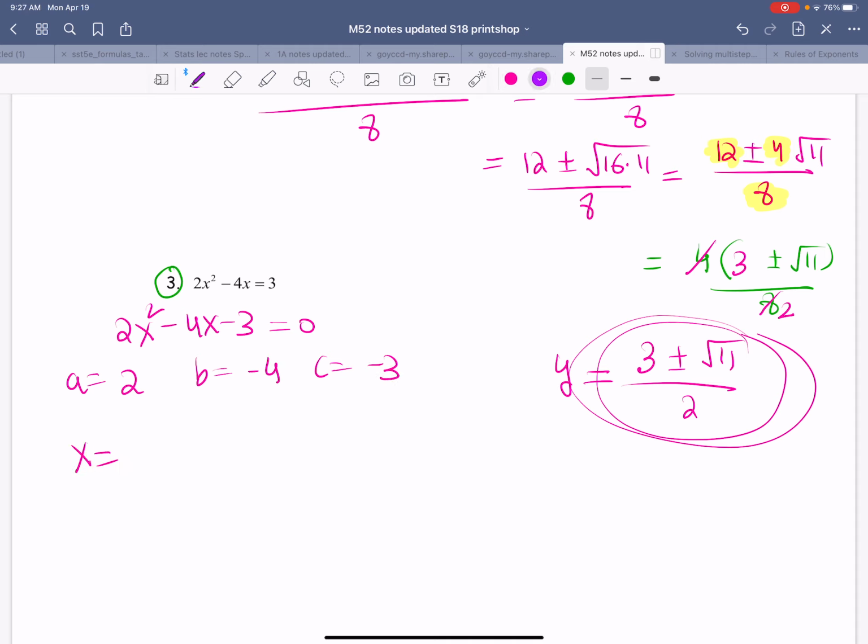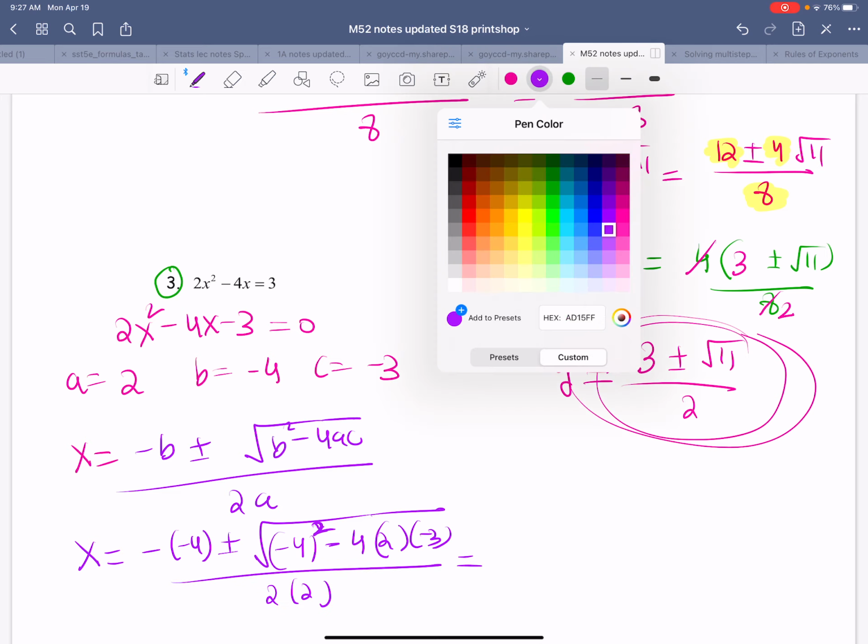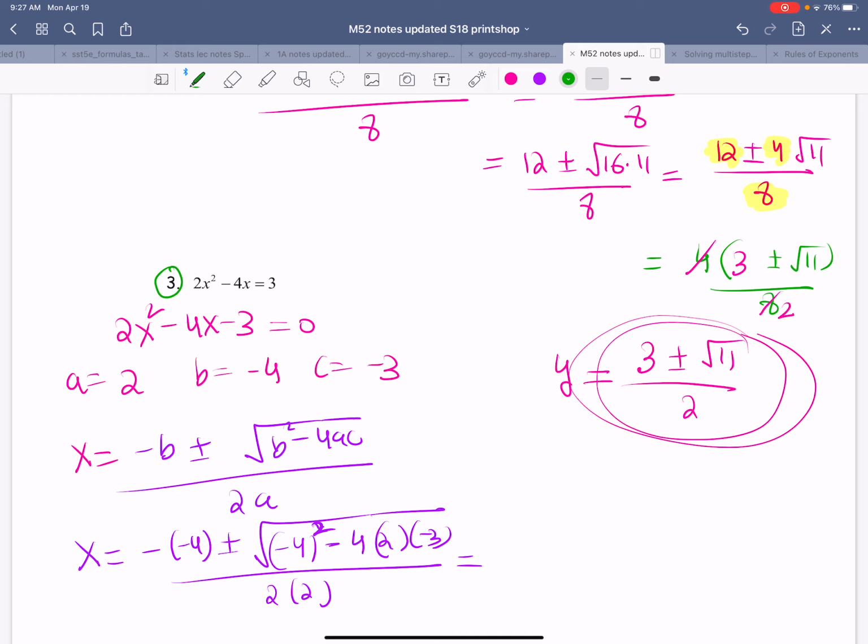And the quadratic formula says negative b plus minus square root of b squared minus 4ac, divided by 2a. Now it's just simplification.